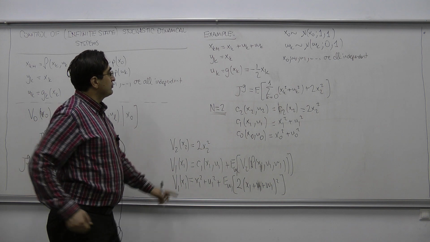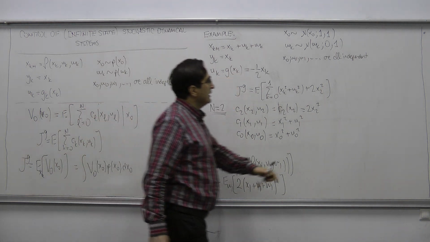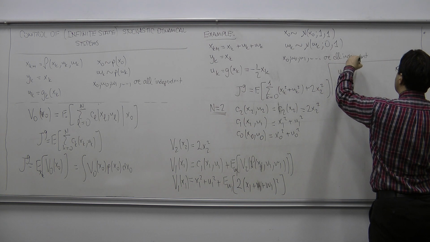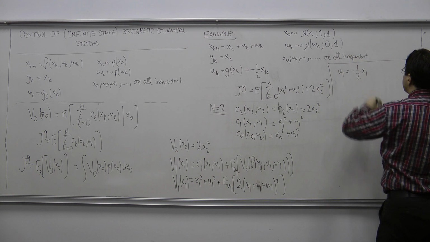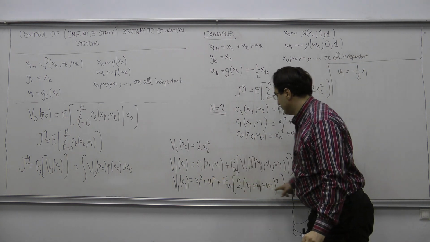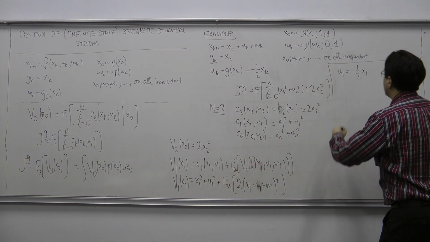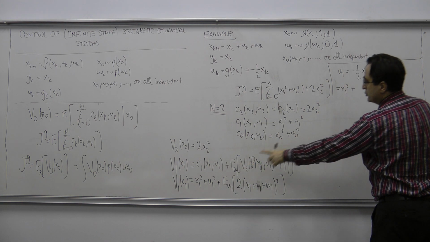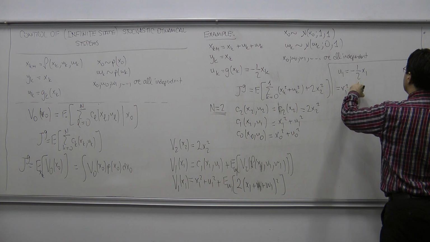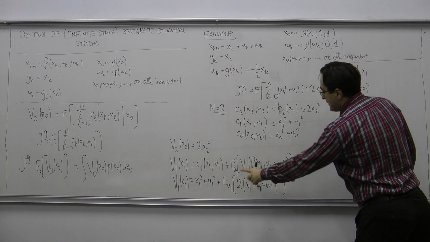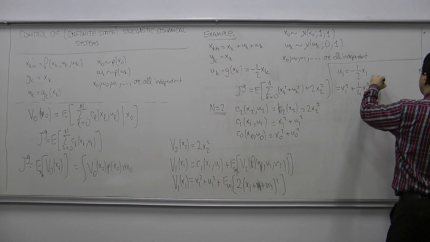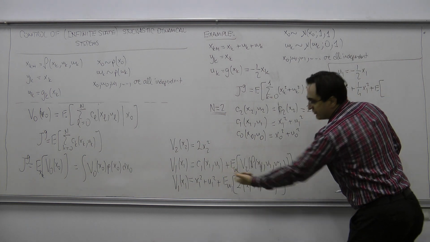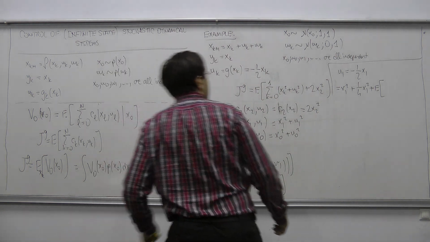So now let us use the feedback policy. I know that U1 is minus 1 over 2 x1. So I will substitute it into these formulas. So x1 squared plus U1 squared is given by this, x1 squared plus 1 over 4 x1 squared, plus the expected value. I can actually take 2 outside because expectation is linear.